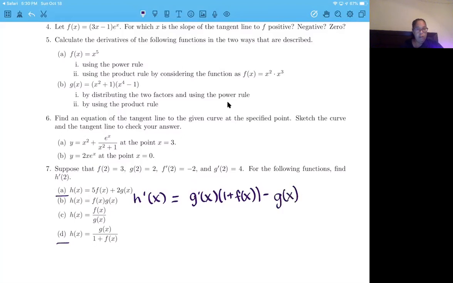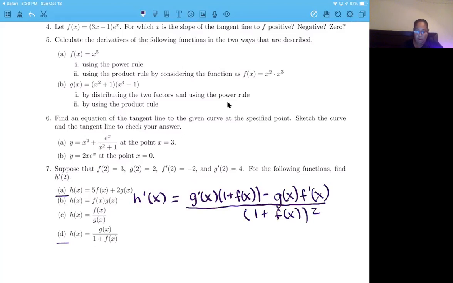Well, the derivative of 1 is just 0, so I'm just going to get f prime of x divided by the denominator squared, 1 plus f of x squared.